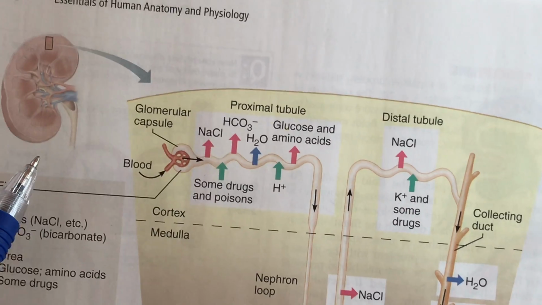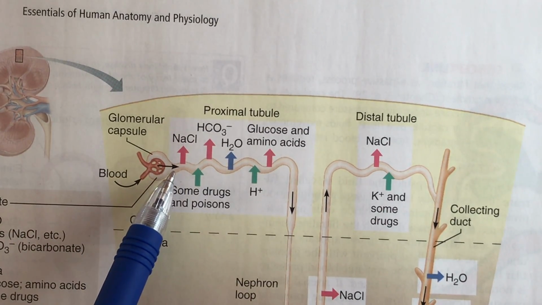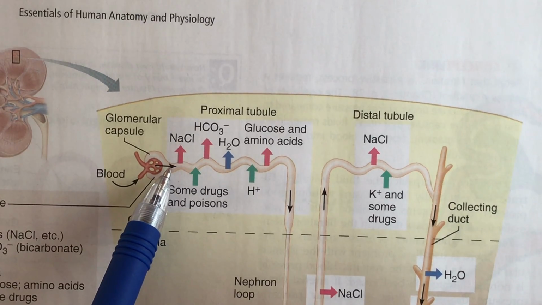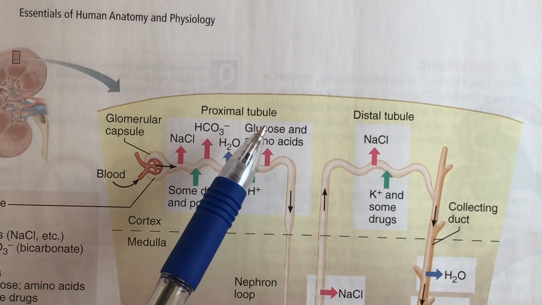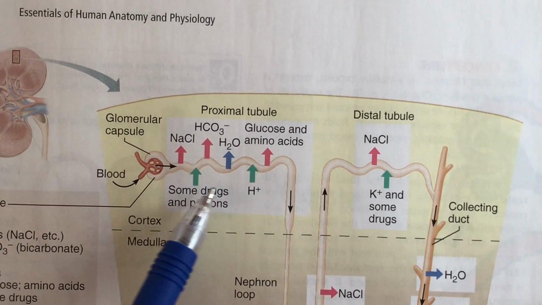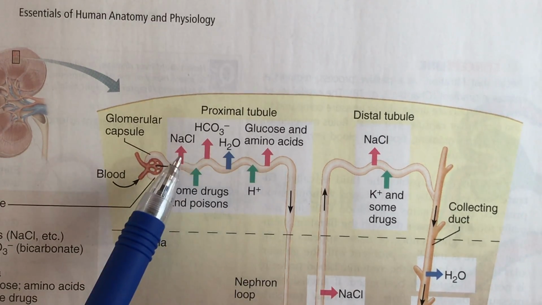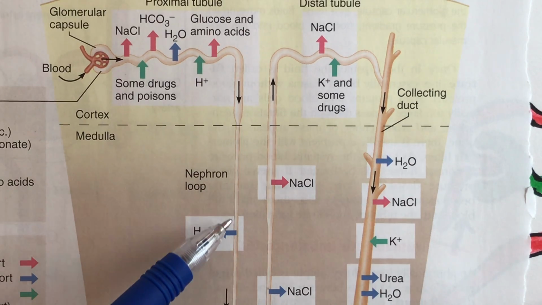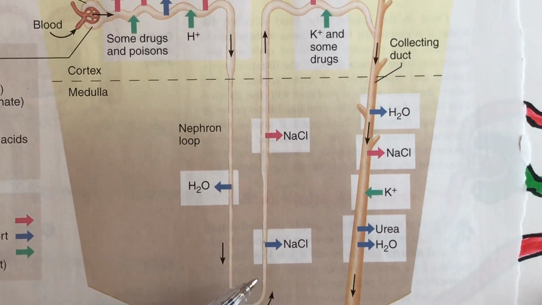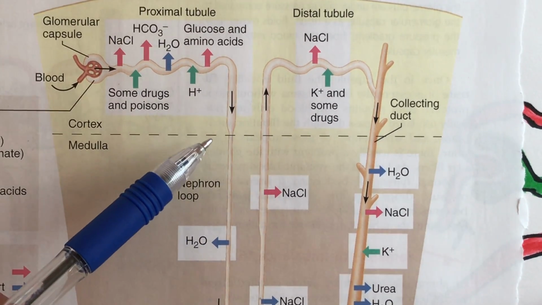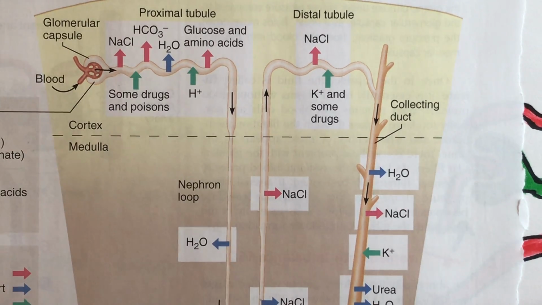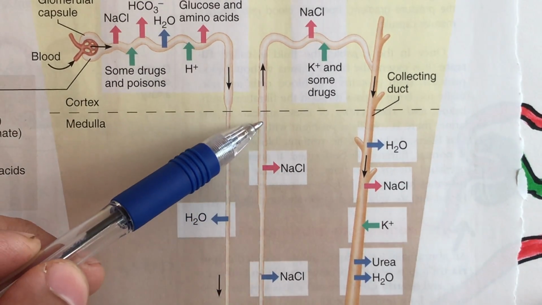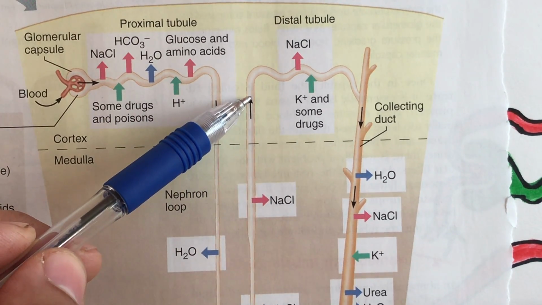That's where most of the blood enters, the fluid enters, the filtrate enters. Then we have this proximal convoluted tubule. That's the second piece of the nephron. The third is the nephron loop. It goes all the way down and all the way back up. So we can cut this into two parts. We have the descending limb of the nephron loop and the ascending limb of the nephron loop.